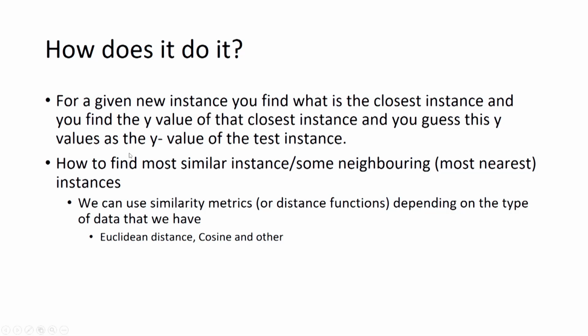Now, how will we find the nearest neighbor of the new instance? Definitely we will need to use a distance metric to find the nearest neighbor of this new instance. We can use Euclidean distance or Manhattan distance or cosine or any other distance metric or similarity metric to find the nearest neighbor of the given instance.